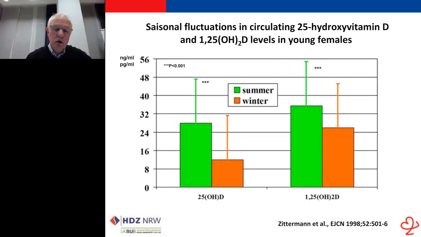And now I want to talk about some lifestyle aspects. And here you can see that, for example, during the summer season, the 25 hydroxyvitamin D levels are higher in healthy individuals than during the winter season because of the UV exposure and the skin synthesis of vitamin D. And this higher 25 hydroxyvitamin D level is also associated with a higher 1,25 dihydroxyvitamin D level in the circulation.